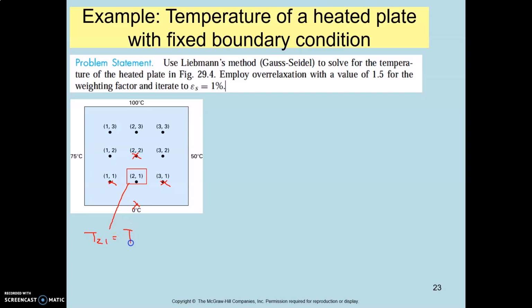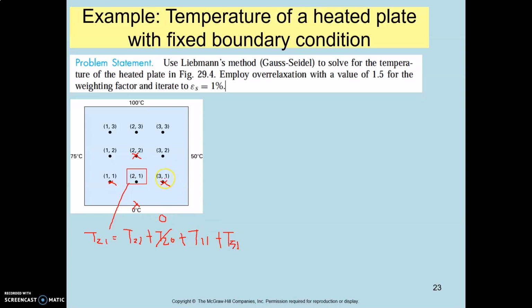The T at the top is T22, at the bottom is T20. T20 here is 0 degrees Celsius, so we can substitute with 0 plus T11. T11 you found earlier, which is 28.125 from the previous example, and then T31.